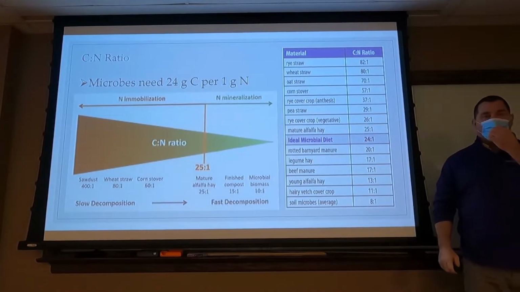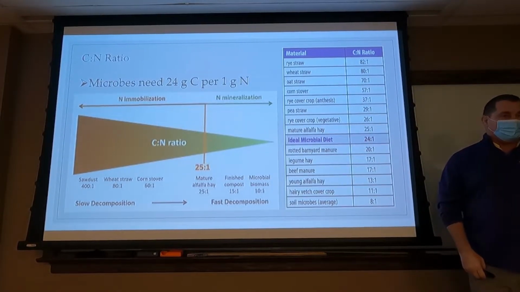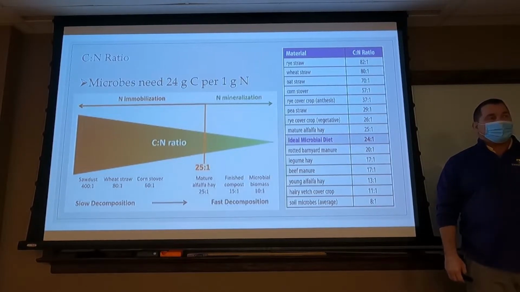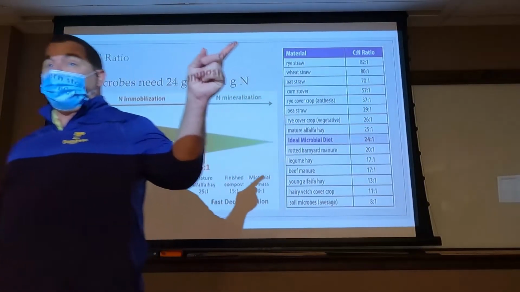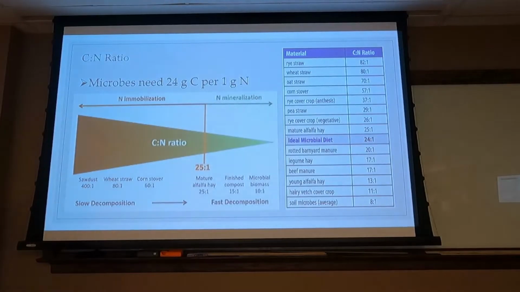So what happens when you go to put that fertilizer out in the fall, in the spring? What's up? So if you have a high carbon to nitrogen ratio and you go to put 100 pounds of fertilizer out in the spring, what happens to the nitrogen? One of two things.